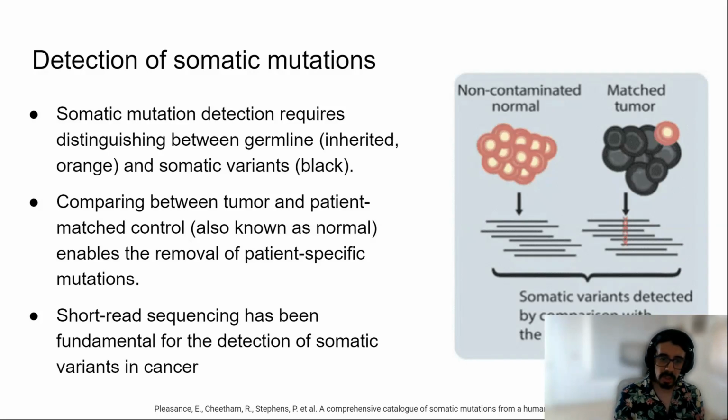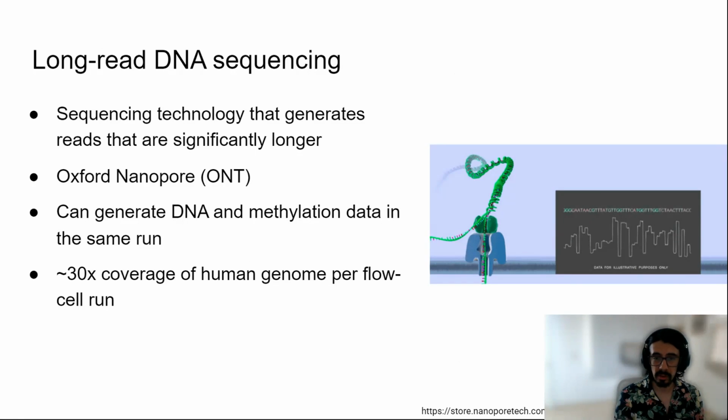Up to now, short reads have been fundamental for the detection of somatic variations in cancer. However, they are not enough. So now we are working with long-read DNA sequencing technologies, in which the reads generated are significantly longer. For example, short-read sequencing usually goes up to 250 base pairs, and for long-read sequencing, you are talking about kilobase-long reads.